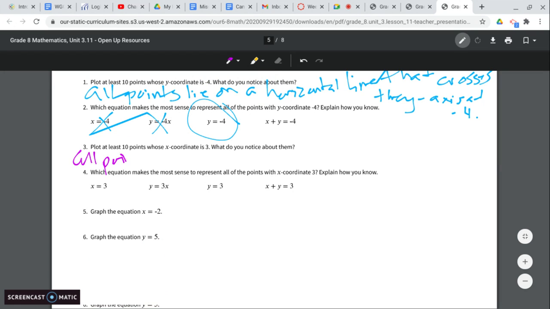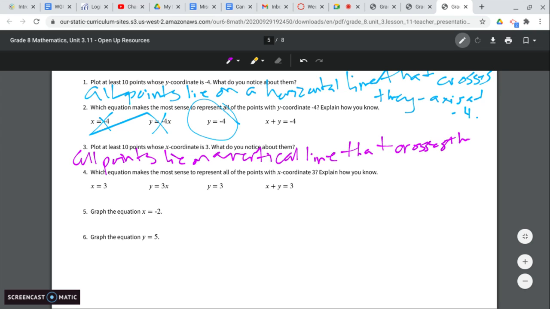All points lie on a vertical line that crosses the x-axis at 3.